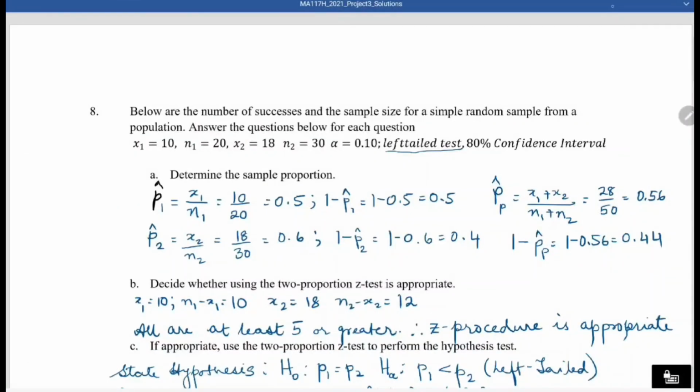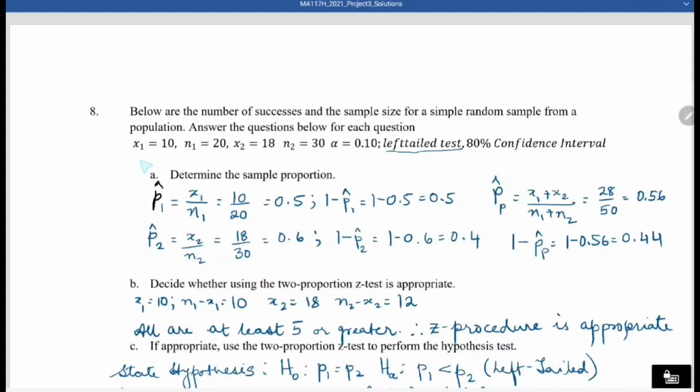Now, this final question from chapter 12 is on comparing two proportions, all right? So here it says below are the number of successes and the sample sizes for a simple random sample from a population. Answer the questions below for each question.